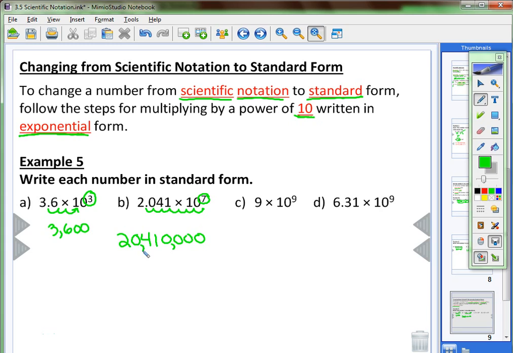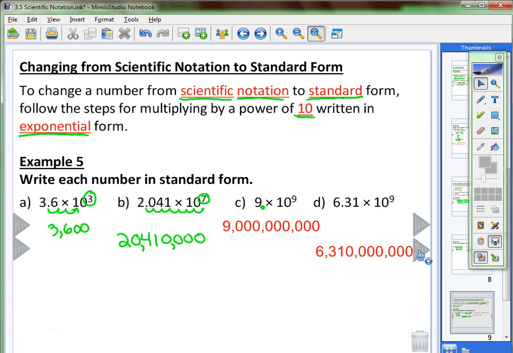I want you to do C and D by yourself. For part C, you should get 9 billion. The decimal point starts after the 9, and it has to move 9 places. For part D, you should get 6,310,000.